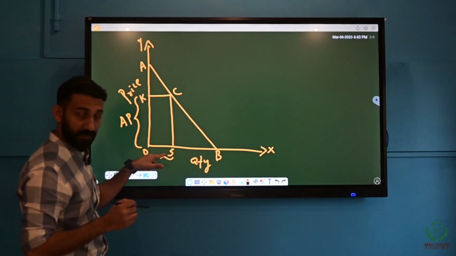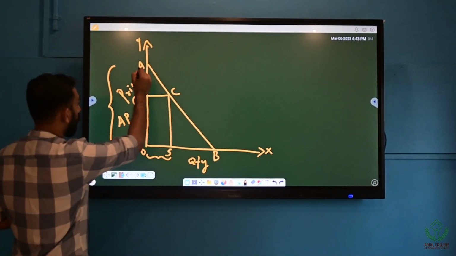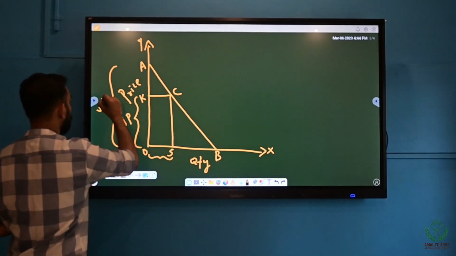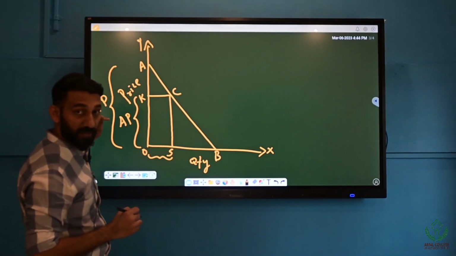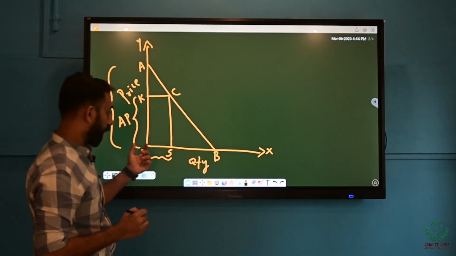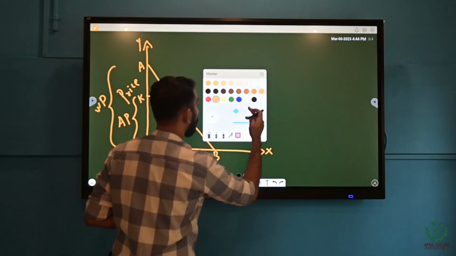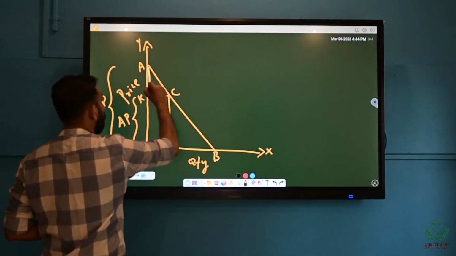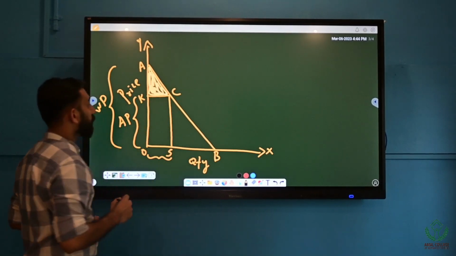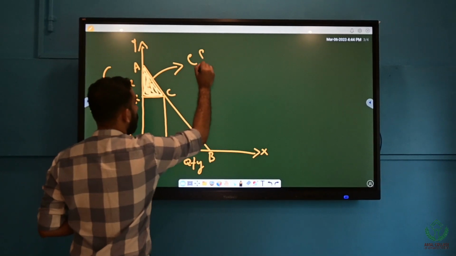For this quantity OS, the consumer is ready to pay this much amount of money, that is OEA. This is the willing price which the consumer is ready to pay for that particular quantity of a commodity. So this difference, what is actually remaining, is known as the consumer surplus. This triangle K, C and EA is known as consumer surplus.